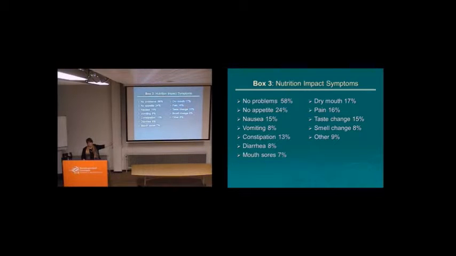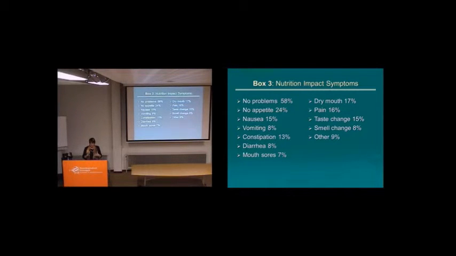But we found that some of these patients who checked off no problems eating ended up having 5 to 7 other nutrition impact symptoms. When I say, are you having problems eating, they may say no. And what they mean is they can chew it, they can swallow it, it stays down, and it stays in.